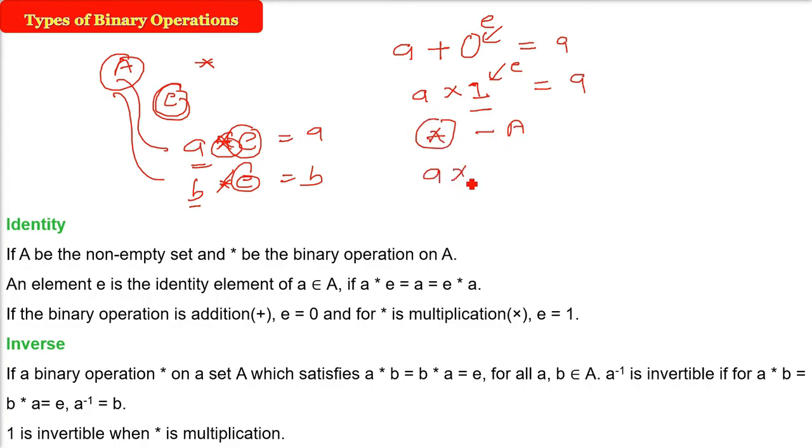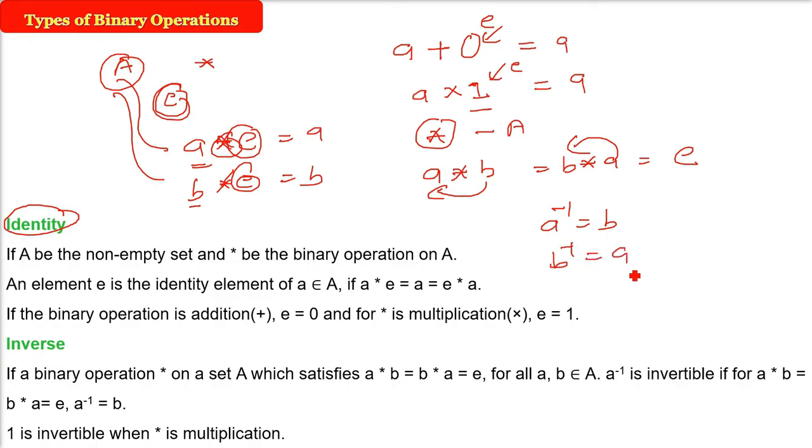A operation B, when you do it, and you do B operation A, you are getting the identity E. E can be, you can represent it by I, E, whichever symbol you want. So A cross B, B cross A, you are getting E. So B is the inverse of A and A is the inverse of B. That is, A inverse is B and B inverse is A.